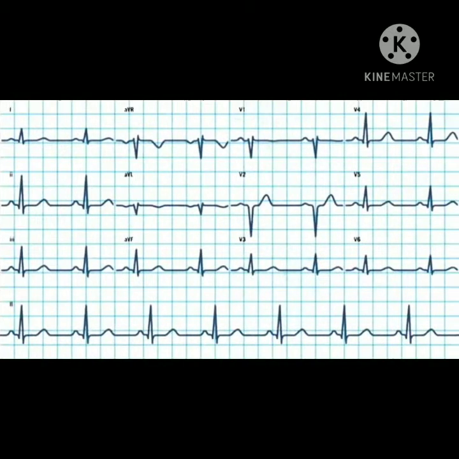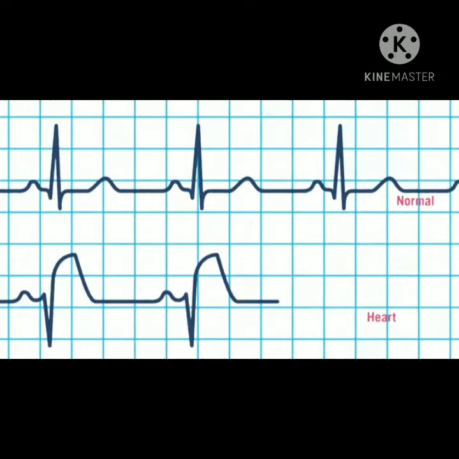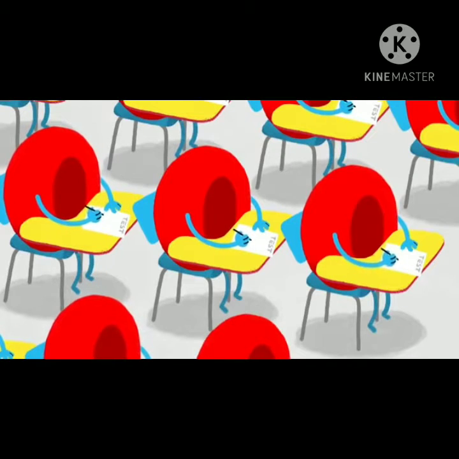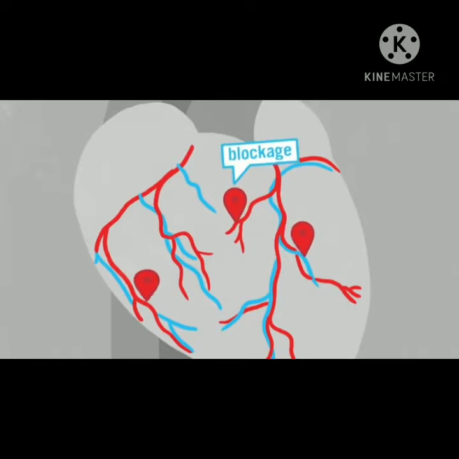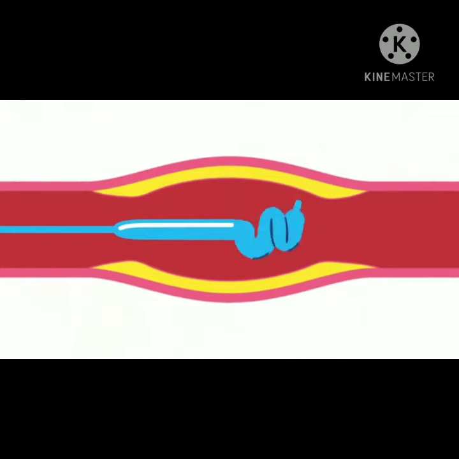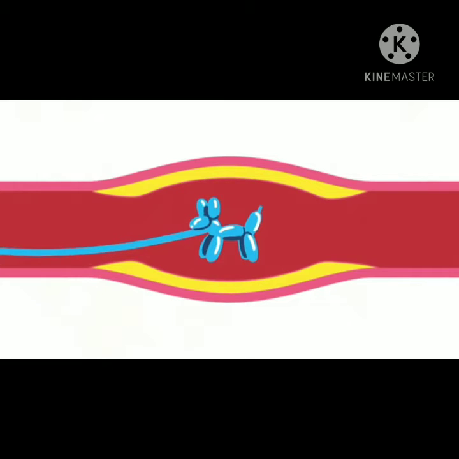In the emergency room, doctors can diagnose a heart attack. They commonly use an electrocardiogram to measure the heart's electrical activity, and a blood test to assess heart muscle damage. The patient is then taken to a high-tech cardiac suite, where tests are done to locate the blockages. Cardiologists can reopen the blocked artery by inflating it with a balloon in a procedure called an angioplasty.